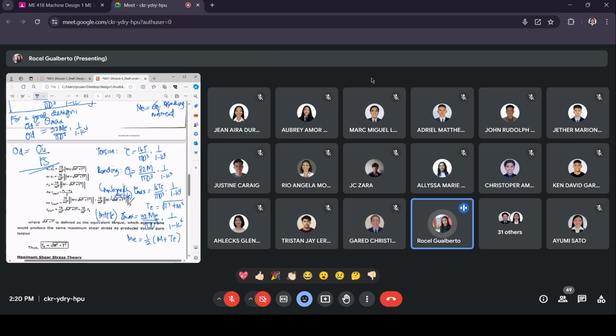These listed here are all induced stresses. So in design, if you are to look for the dimension, then you have to equate this to the design stress: tau D to be equated to tau D, and sigma maximum to be equated to your sigma D.